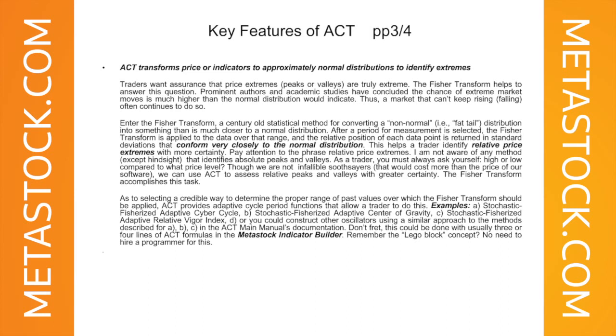And then you say, well, that's fine. Well, how do I know what look back I should use? Well, that's where our cycle period functions come in, because our cycle period functions within ACT help us to adaptively identify what the appropriate range is to look back and determine what the relevant extreme high or low is.